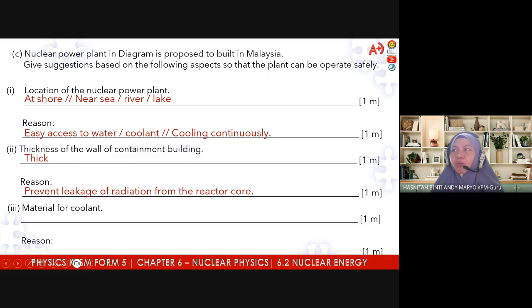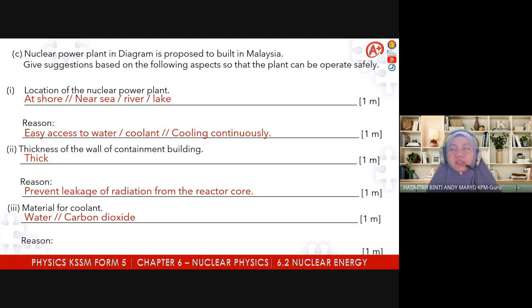And what material is suitable for the coolant, students? You have two choices. Yes, you can use water. Another one is carbon dioxide. But normally we use water as the coolant.